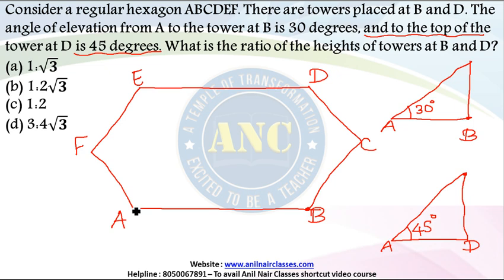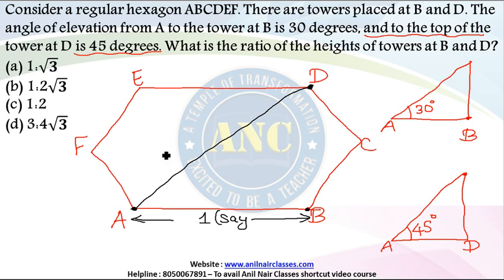Now think logically. This entire side AB, let me assume it as 1 unit. This is my assumption. If I assume this entire side AB as 1 unit, from A to D there is some angle of elevation. This AD is nothing but the diagonal of that hexagon, and the diagonal of the hexagon will divide the hexagon into two equal parts.